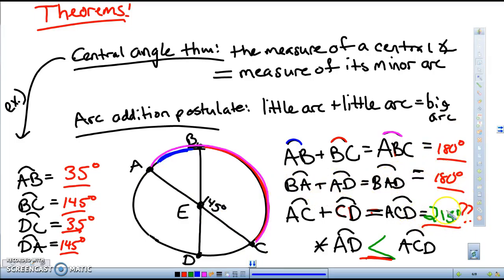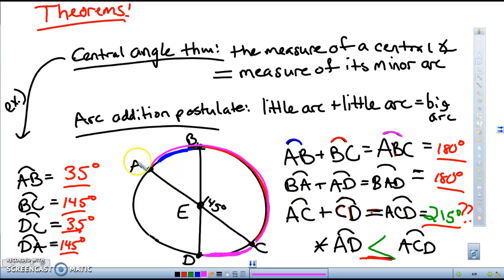And I kind of gave this away on accident. I meant to erase it, but I want us to take a look at one more example where we want to add the semicircle AC, and then, hey, let's go ahead and tack on little arc CD here, because our big arcs don't have to be semicircles. So if I take my arc AC from before and then tack on another little arc CD, that's going to give me another big arc.